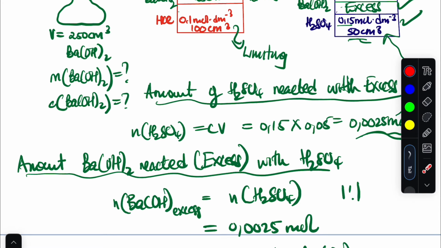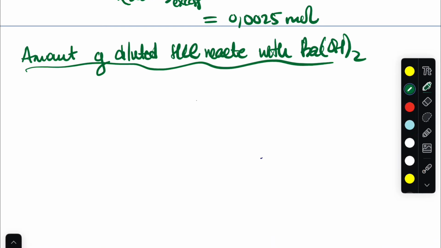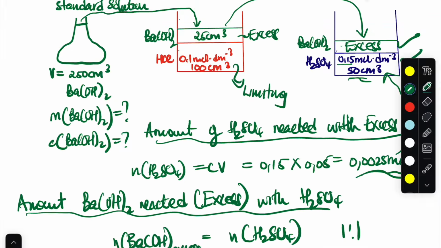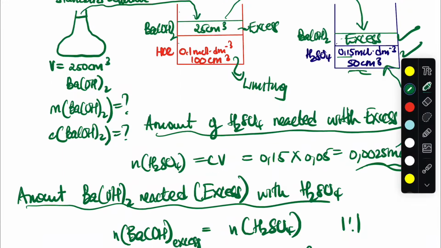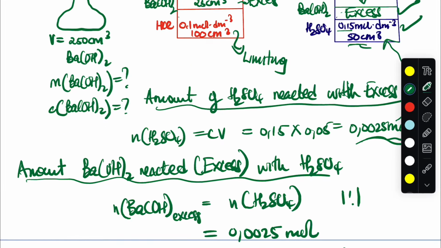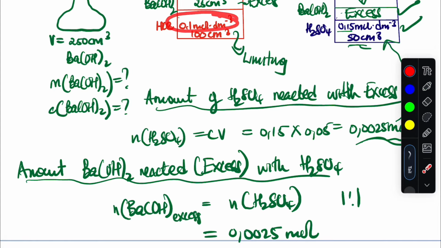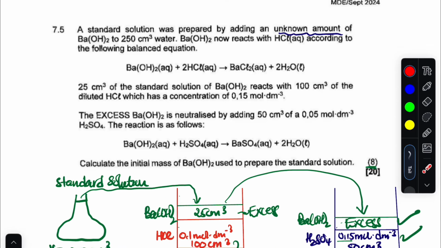So what do I have there? I have a concentration and the volume. So I'm going to say the number of moles of HCl is equal to CV. The concentration there is 0.15, right? No, wait, let me double check.